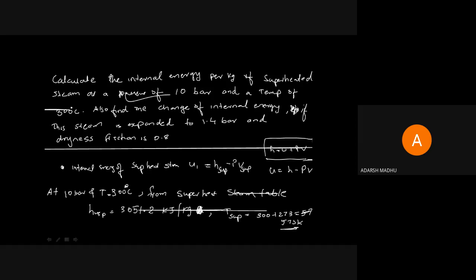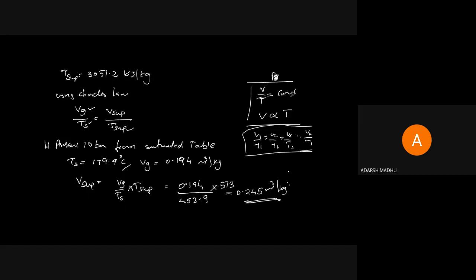U1 equals H superheat minus P into V superheat, where V superheat is 0.245 meter cube per kilogram. U1 equal to 3051.2 minus pressure, which is given as 10 bar, that is 10 into 10 power 5 Pascal, into V superheat 0.245.